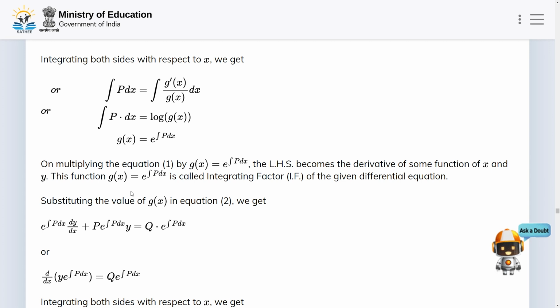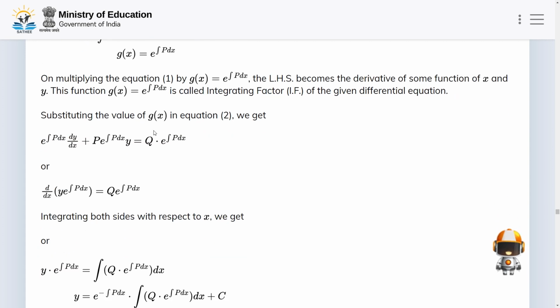Now, after substitution, what you will have is e^(integral p dx) dy/dx plus p e^(integral p dx) y is equal to q multiplied by e^(integral p dx).